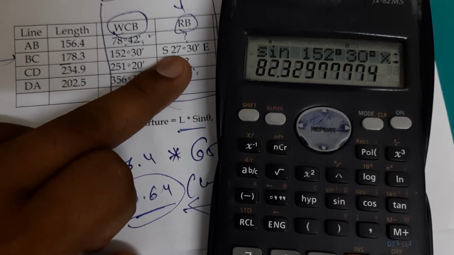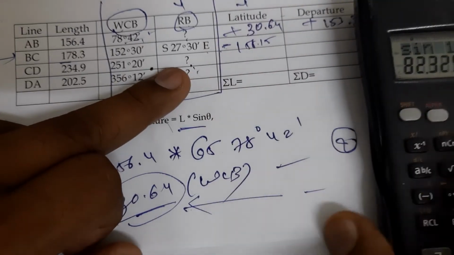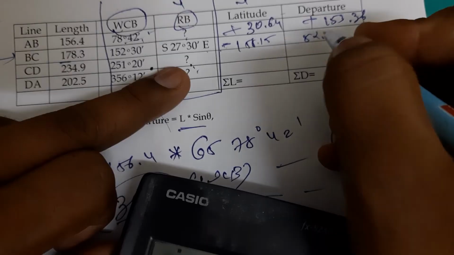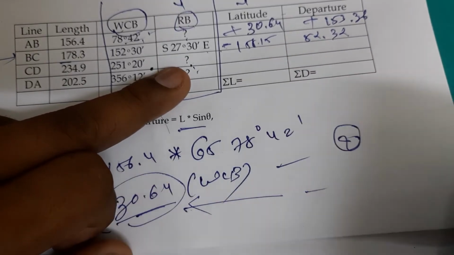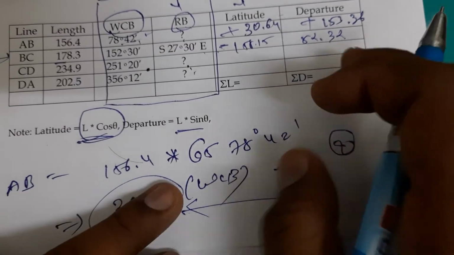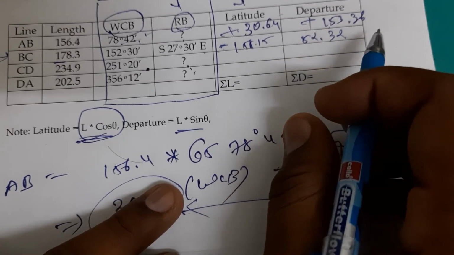Why? Because towards the east is positive. So the value is 82.32. This is the procedure to find the latitude and the departure.